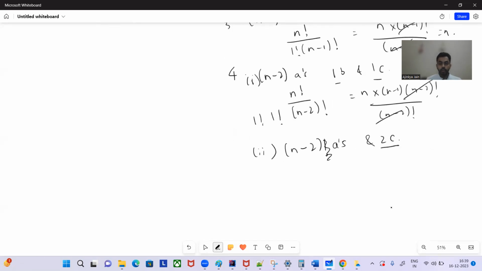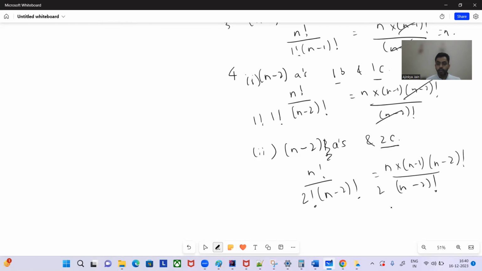So it will be n factorial over n minus 2 factorial for A and 2 factorial for C. So it will be n into n minus 1 into n minus 2 factorial over n minus 2 factorial, 2 factorial. It will finally be n into n minus 1 upon 2, since 2 factorial is nothing but 2.